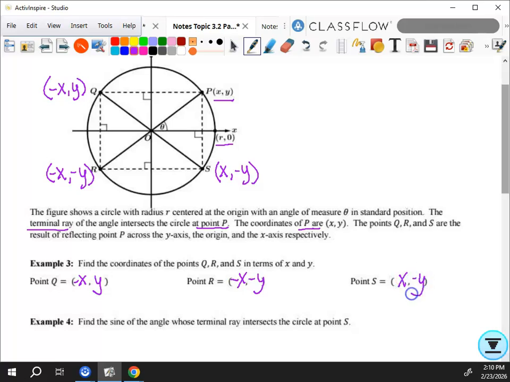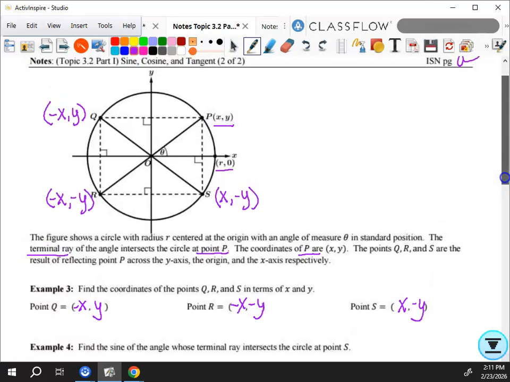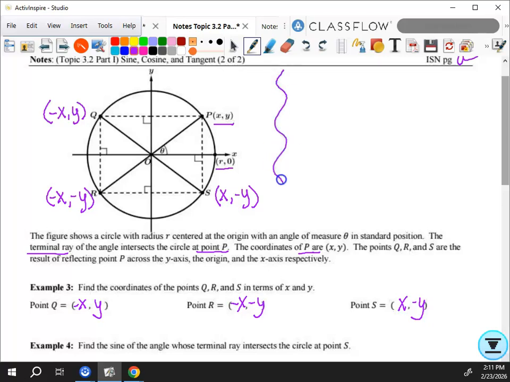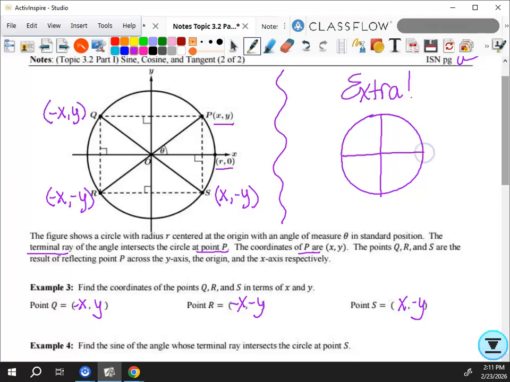And then we're going to pause there for a second. And we're going to write extra over here because we're going to draw a little something extra, but we're not actually using this to solve anything right now. I just want to make a point about why I was telling you you need to make sure you label that x, y when it says that.